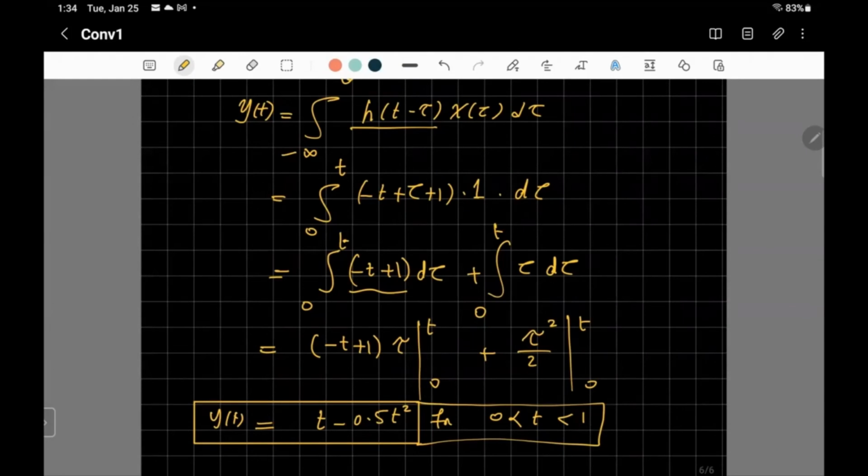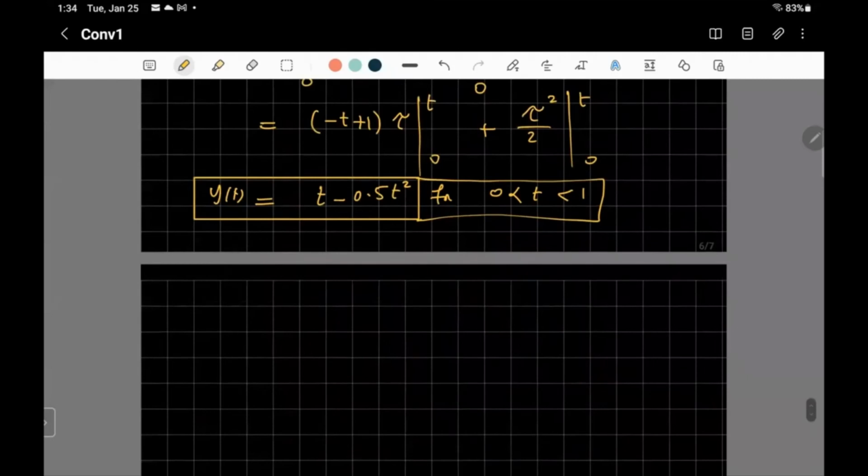So let's find the value of y at 0. What do you expect? When t equals 0, did you find the output? Yes, we did. At t equals 0, when there is no overlap, it was 0, right? So now when you put t equals 0, the new expression should be equal to 0. You got 0?